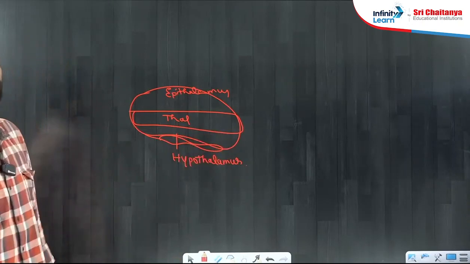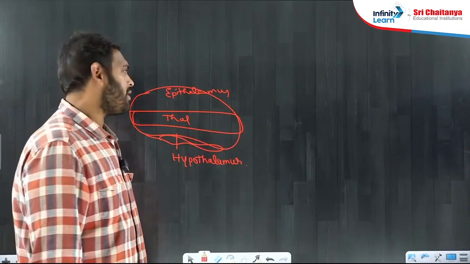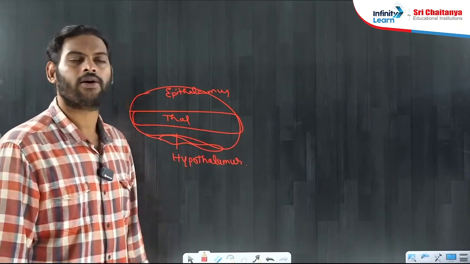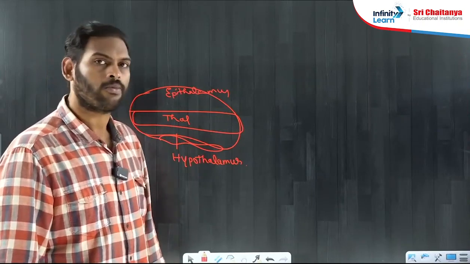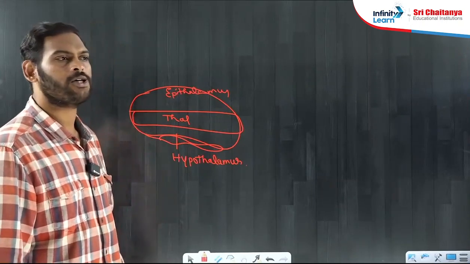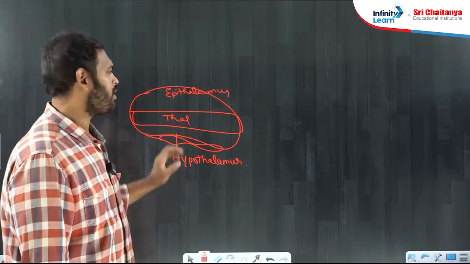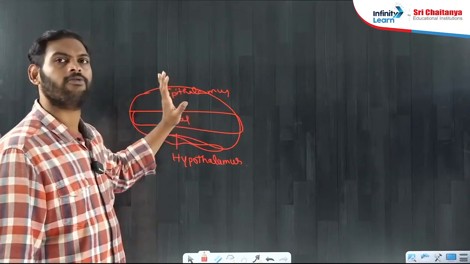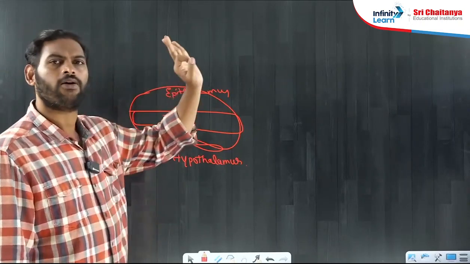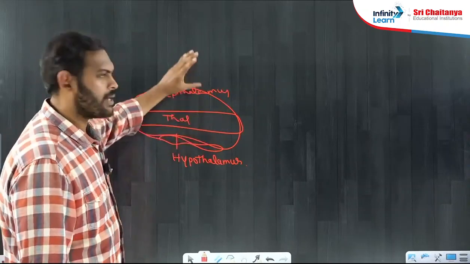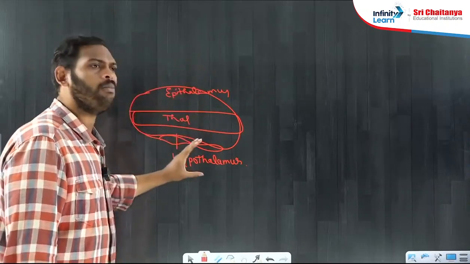We may discuss epithalamus and hypothalamus in the context of hormones later. As of now, just memorize that simply. The diencephalon is part of the forebrain. It consists of three components: thalamus, epithalamus, hypothalamus.